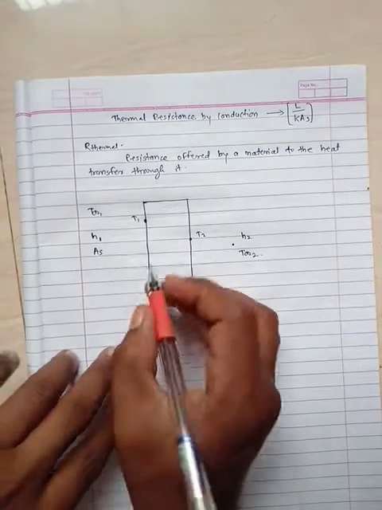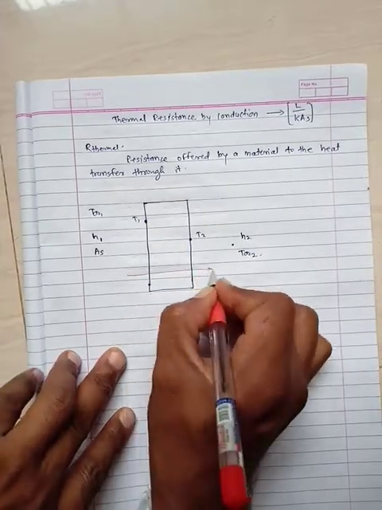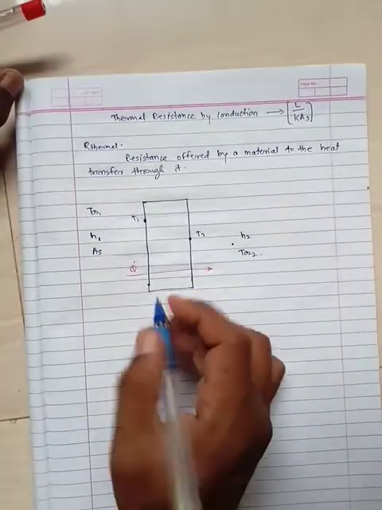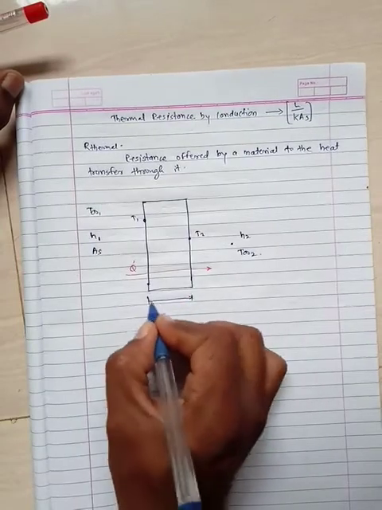Through that, heat transfer is available, and we'll consider the thickness of the wall again as L.